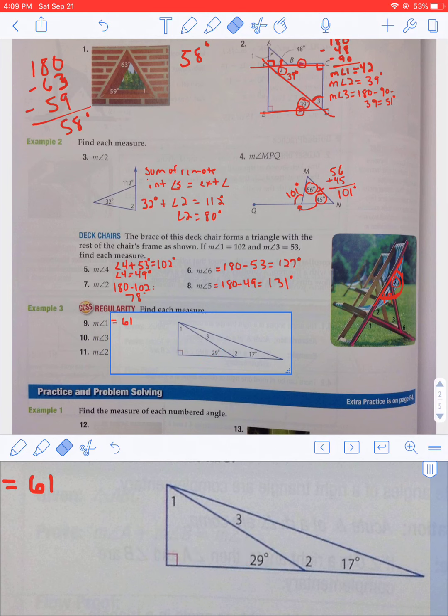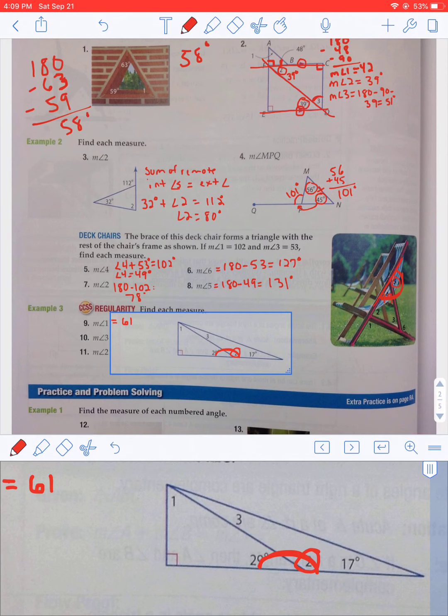Okay, welcome back. Hopefully you found out that these are a linear pair. So we could find angle 2 right here, real easy. Or, remember I said, to find angle 3, there's a more direct way to do that.